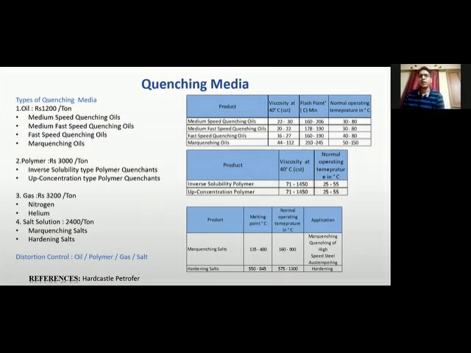And second is the up concentration type polymer, that is similar to the oil quenching polymer. Here we can set the concentration from 5% to 20% or more than that, and on that basis we can set the cooling rate that we require for the quenching of the component. So in the table we have given the viscosity of the polymer and normal operating temperature of the polymer.